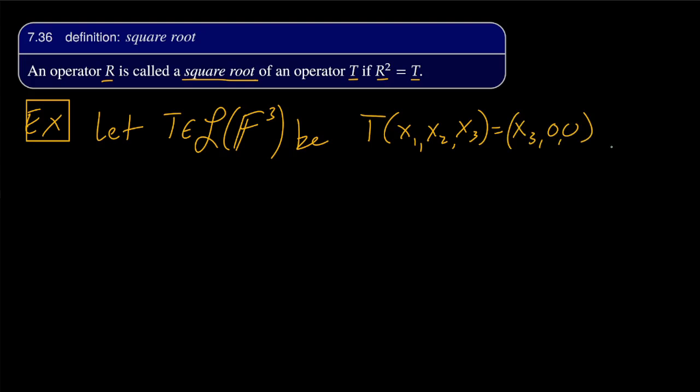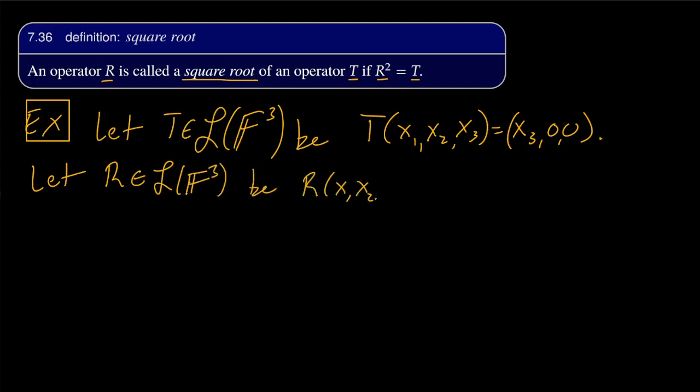You take a scalar multiple of the inputs, you get a scalar multiple of the outputs, bada boom. All right, let R in L(F3) be R of (x1, x2, x3) is just, I'm going to shift it over just a little bit, (x2, x3, 0).